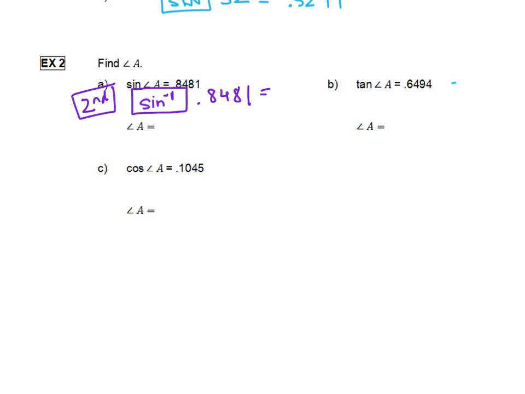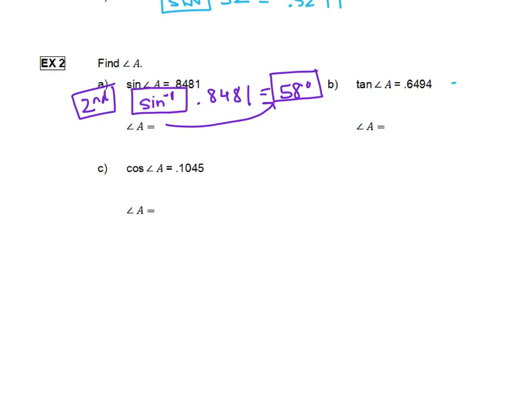So you do inverse sine of 0.8481, and we get, if I'm going to round to the nearest tenth, it's still going to be just 58 degrees. So see if you can figure out how that works on your calculator, that's angle A right there, to get that same answer.